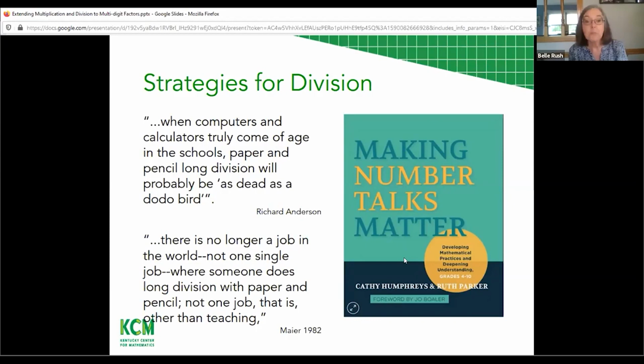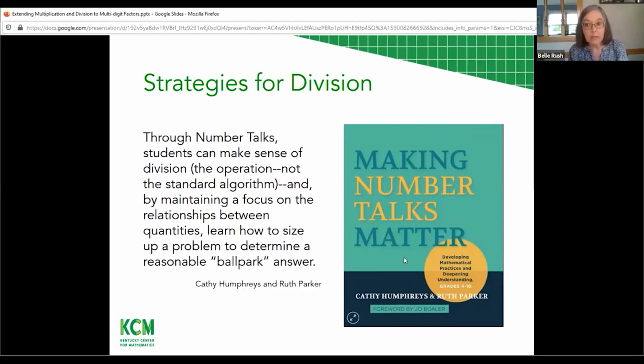In some of his research, he also goes on to say, there is no longer a job in the world, not one single job, where someone does long division with paper and pencil. Not one job, that is, except teaching. Now, this is not to say kids don't need to know how to divide, because they do, but they need to understand division.